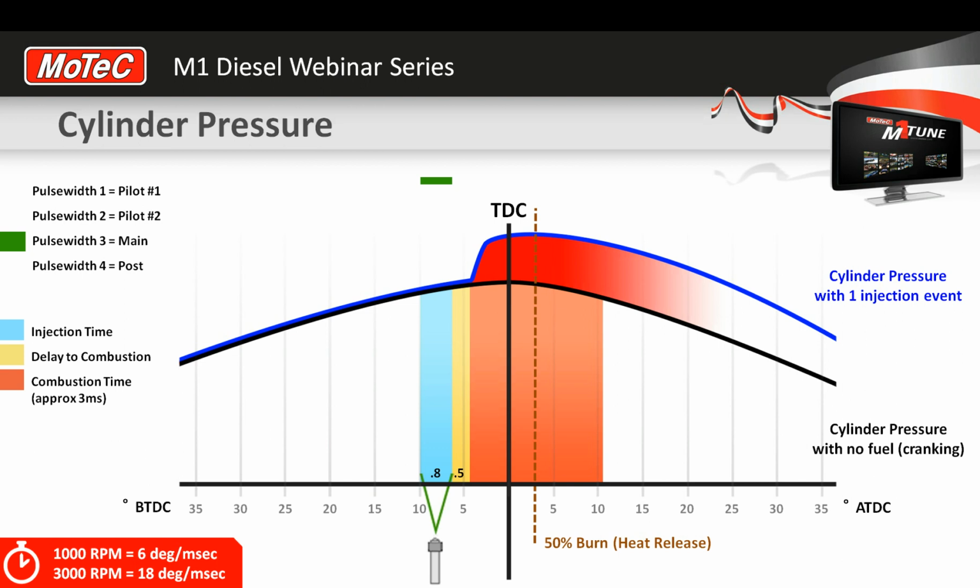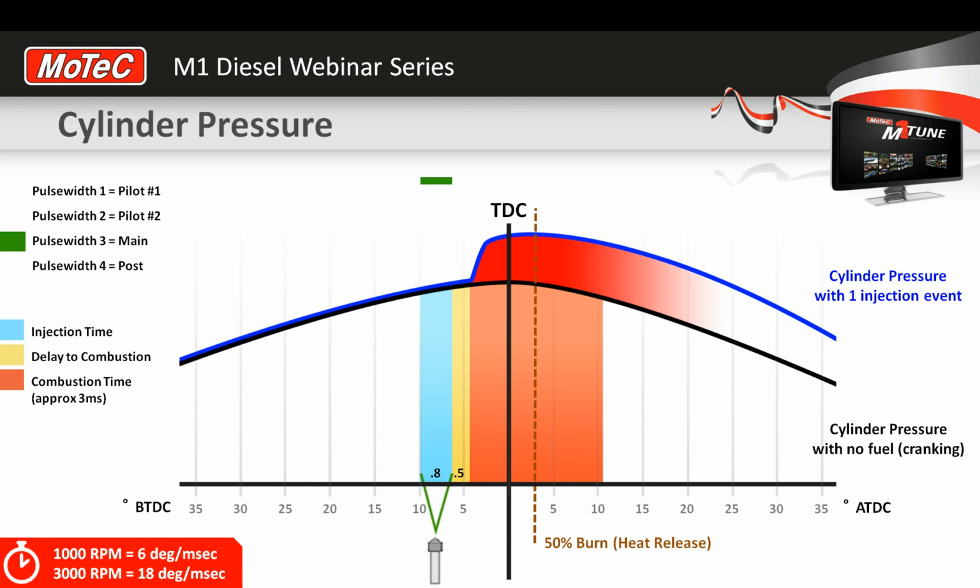On a petrol engine we can actually be delivering fuel for 720 degrees. With a diesel engine we only get a very small amount of time to deliver fuel.